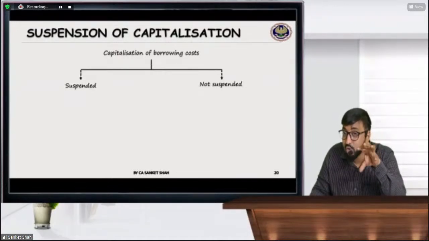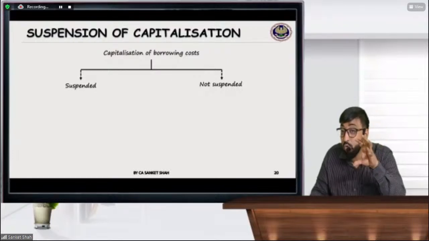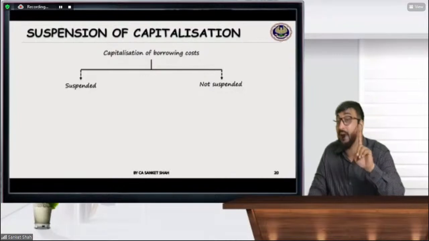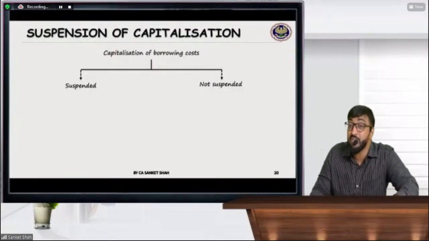Stopping that activity is a necessary part to carry out your technical or administrative work. Therefore, if that temporary delay is mandatory, in that case you will not suspend your activity. Your interest is going to be added on the asset side, if that suspension is mandatory.